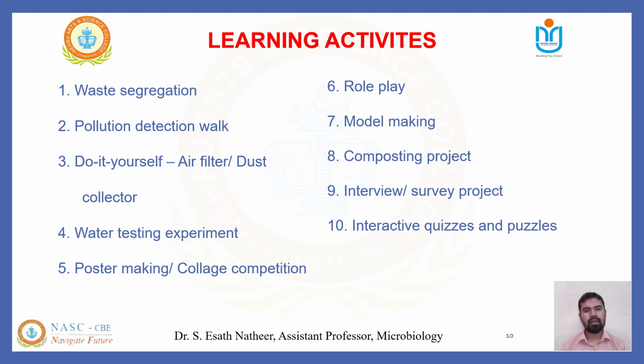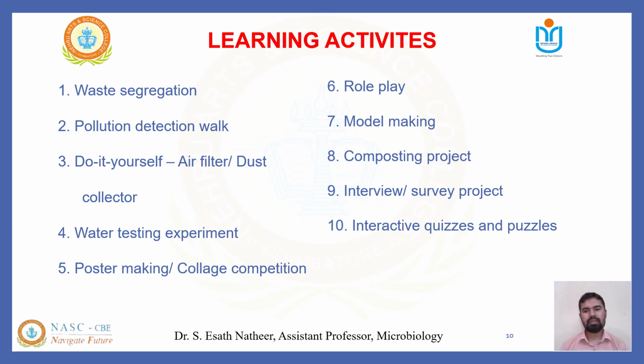What learning activities can be done for environmental pollution or waste segregation? We can formulate projects. A pollution detection walk, an air filter or dust collector made on your own, and water testing experiments can be done. Poster making and collage competitions can be conducted. Role play by students, and model making to show how waste can be segregated or how we can minimize air, soil, noise and marine pollution.